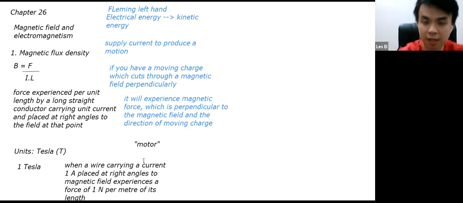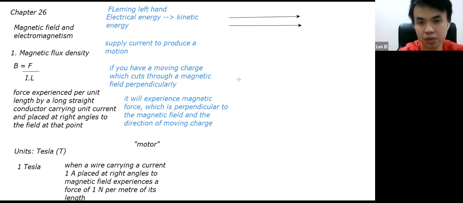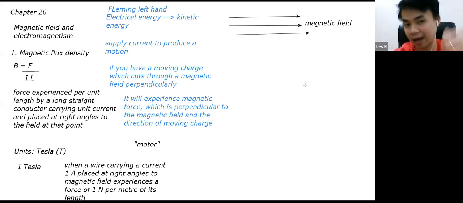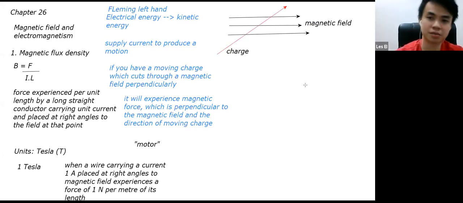Let's say this one is a magnetic field, as everyone knows, pointing from north to south. Let's say you aim the charge moving in this direction. Are they perpendicular to each other? No. But you have learned vectors in AS level.